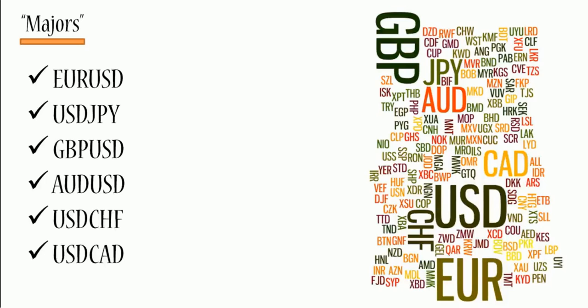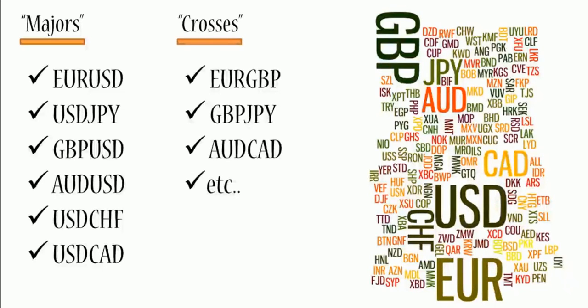And also, the second group is the crosses. Crosses are simply put all currency pairs that do not include the American dollar, such as the Euro British pound, yen, Australian dollar, Canadian dollar, and so on. And of course, there are also all other currency pairs.